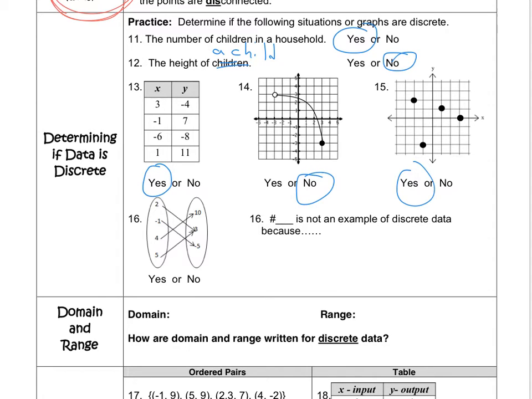Those are all separate points. So it's considered discrete data. Okay, so number 12 and number 14 are not examples of discrete data because they include all the points in between. They're a connected line, a continuum, as opposed to separate points.